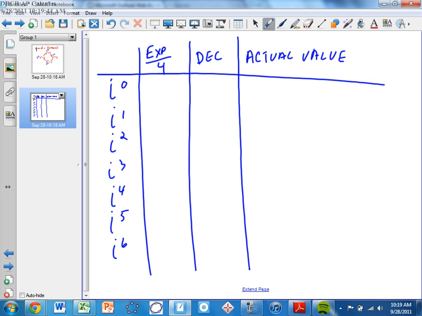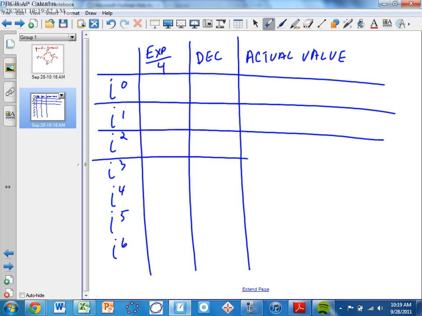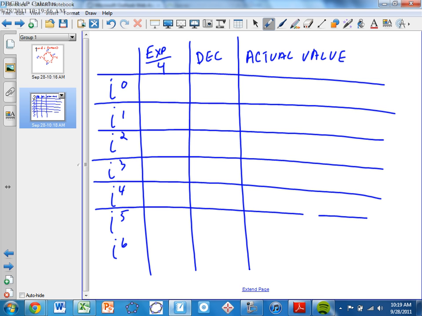So if I take this exponent and divide it by 4, what do we put here? What will go in the second box as a fraction? What's the exponent of the first one? Okay, so just put 0 over 4. What is 0 divided by anything going to be? 0.